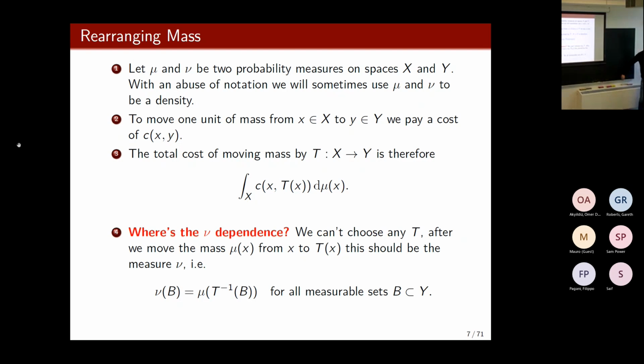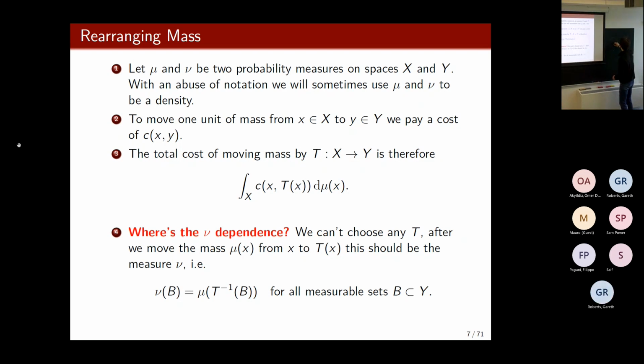So, this is probably going to be great for the online people, but the picture is kind of, okay, we have space X, we have space Y, we have our map T. If I pick a set B here, this is going to correspond to some T inverse B. And all I say is that the mass under nu on the set B has to be the same as the mass under mu of the set T inverse B. And this T inverse is understood in the set theoretic sense.